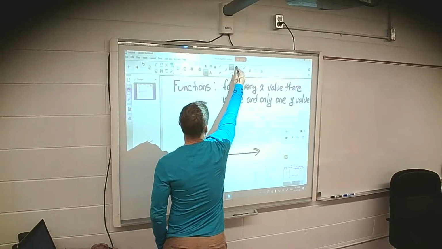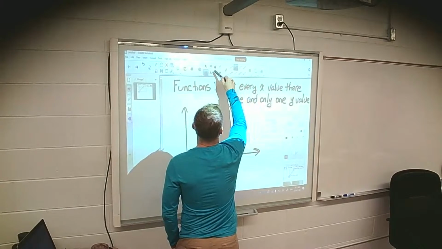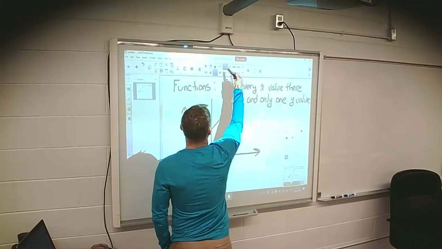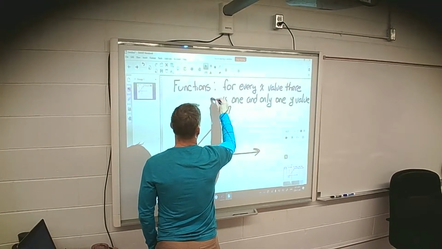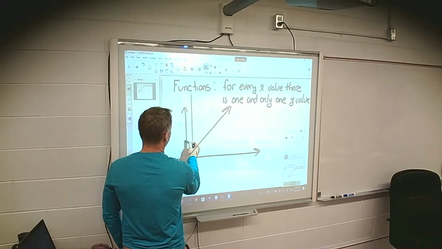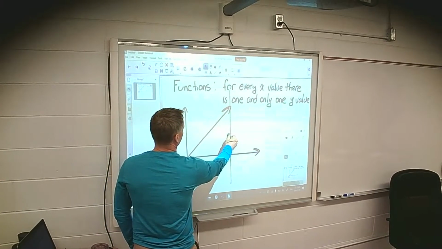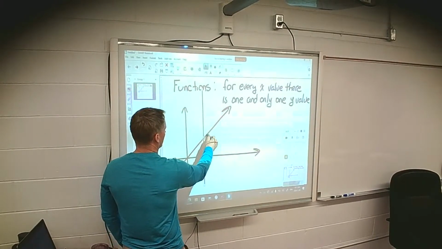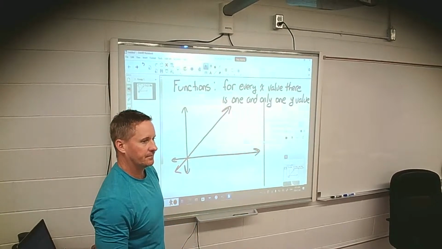Graph number one, that's a function, is just a line. If I take this line right here, a vertical line, and draw it up and down, notice that it only hits one spot on the graph at all times. So therefore, that line is a function.